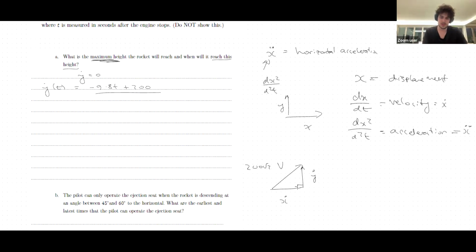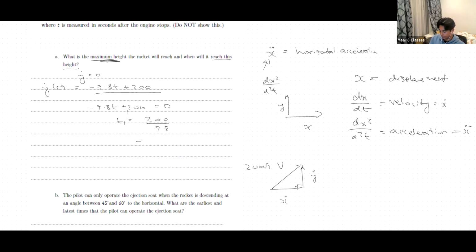That's just t equals 0.049. One second, because this is going to be equal to 0. Oh yeah, and then solving from this, t is going to be equal to 200 on 9.8. Sorry, wrong thing. So what's my time going to be? 20.441. Yeah, we'll just take it as 20.4.